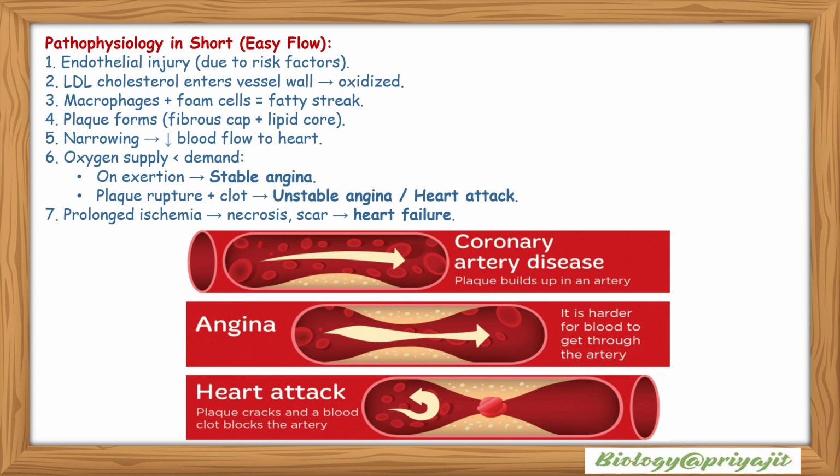The narrowing of the blood vessel reduces blood flow to the heart, so oxygen supply becomes less compared to the oxygen demand of the heart. On exertion, stable angina occurs, then plaque rupture forms a clot, which leads to unstable angina or heart attack. Prolonged ischemia causes necrosis and scar, which transform into heart failure.